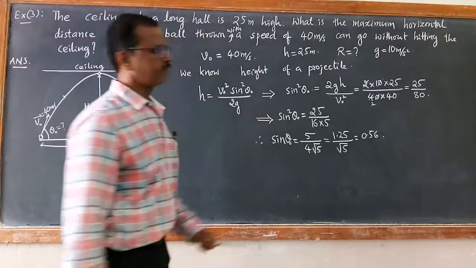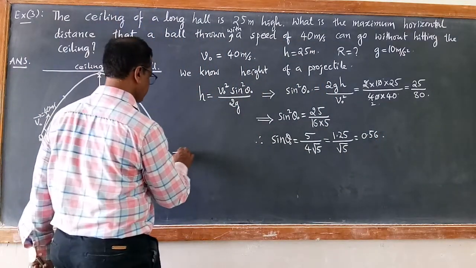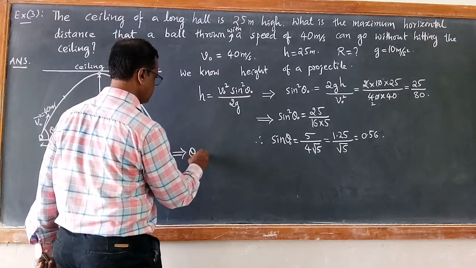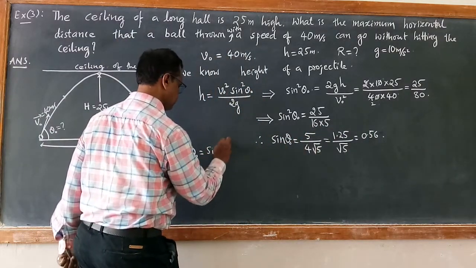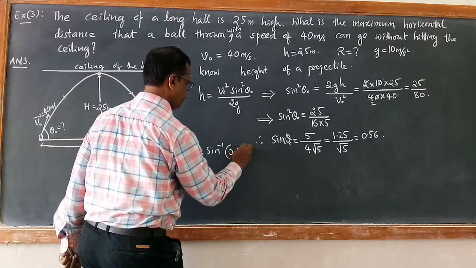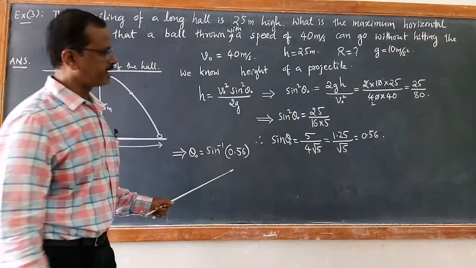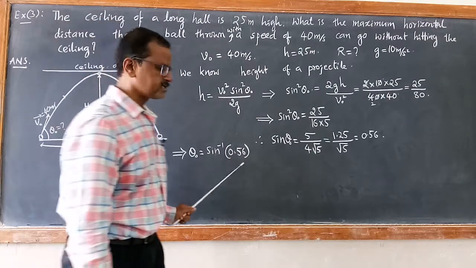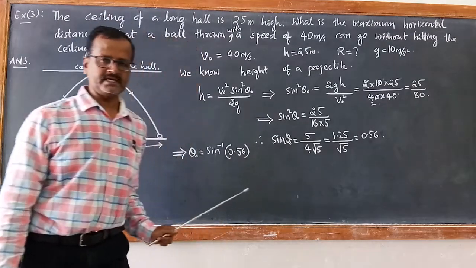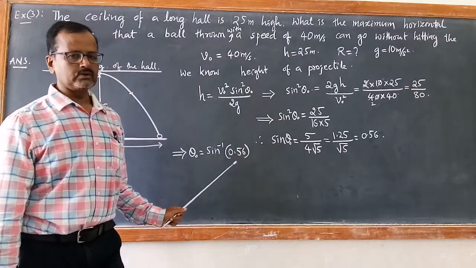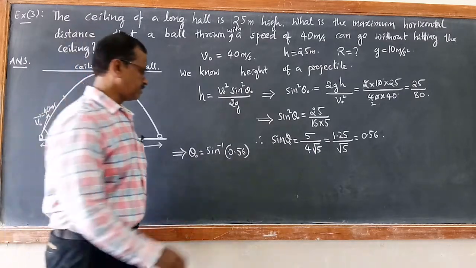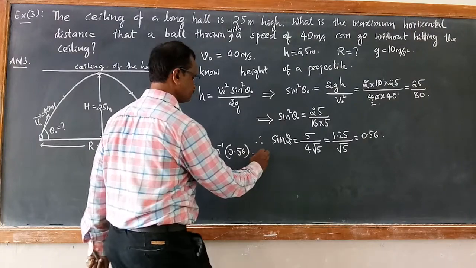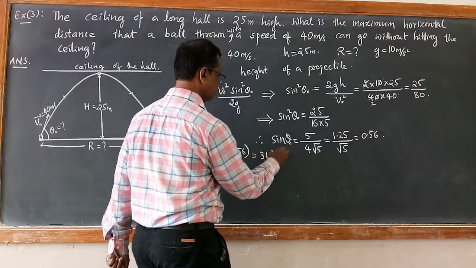It corresponds to 0.56. This implies theta naught is equal to sin inverse of 0.56. So again from the table, natural sines, if you find the value of sin inverse of 0.56, it comes out to be nearly 34 degree.